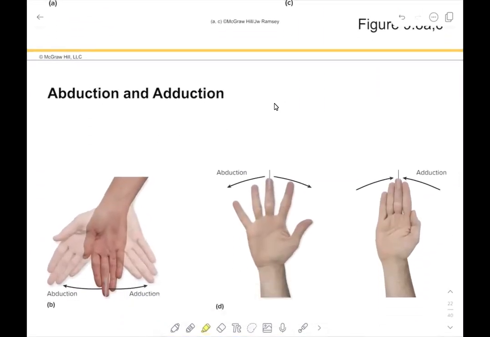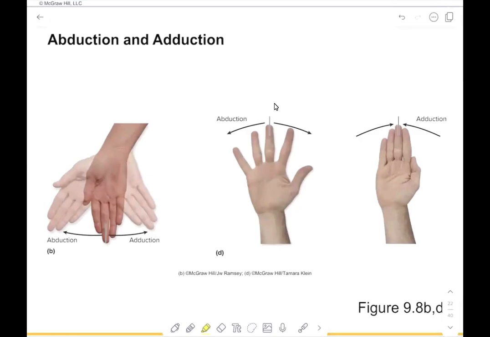On this next slide, we see an example of abduction occurring at the wrist, but this is in a different plane than what we saw previously. So abduction would be taking it away from correct anatomical position, and adduction would be returning it to correct anatomical position.